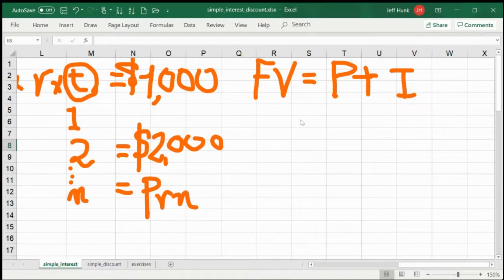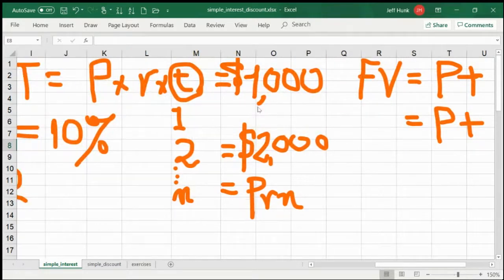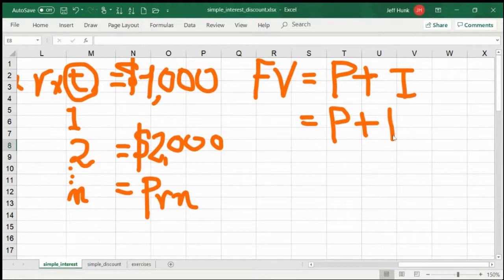Now, we all know how interest is calculated. We all understand that interest is, what is interest? We already did that, right? The definition of interest is principal times R times T, right?